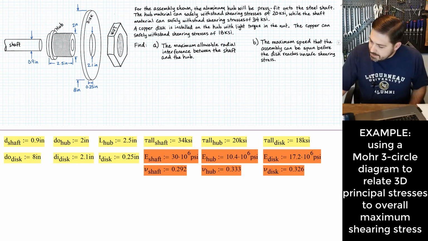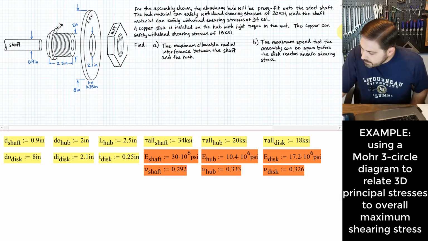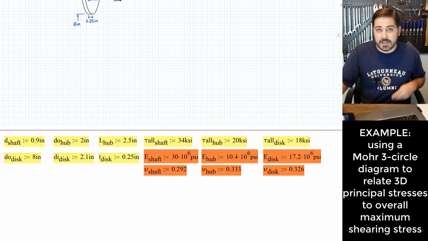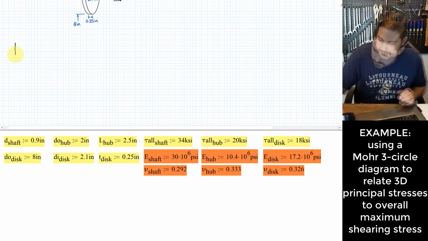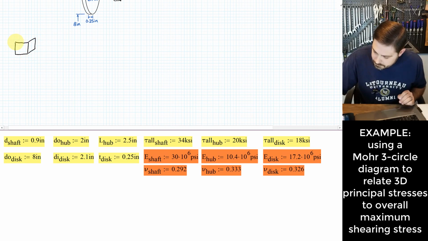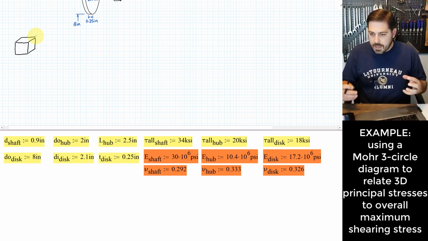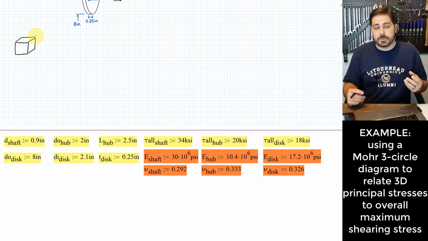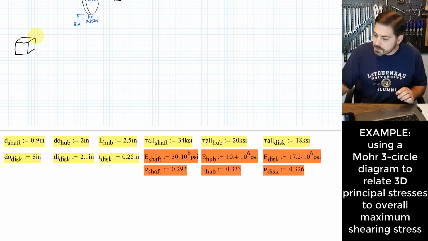So this big idea is that whenever you have stresses acting in a little element of material, so I'm going to show here a little element of material, you can transform stresses acting on that piece of material to the point where you come up with some principal stresses.